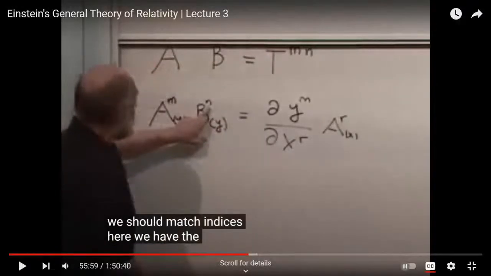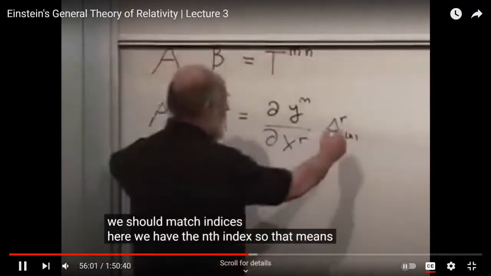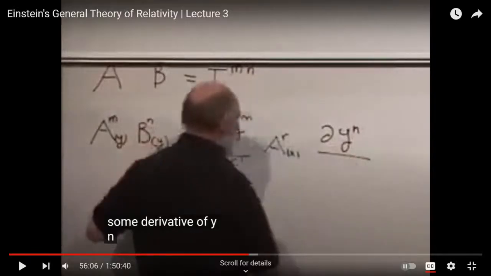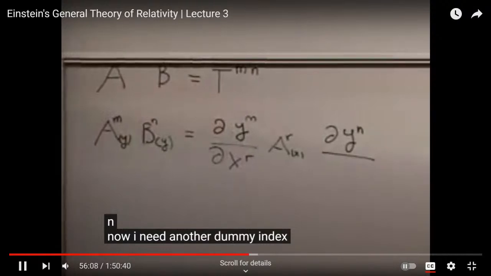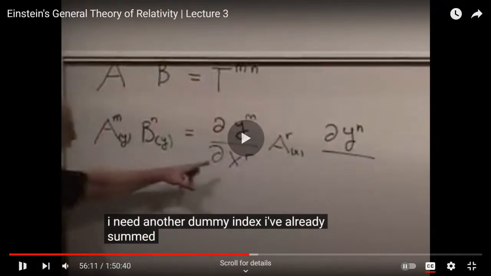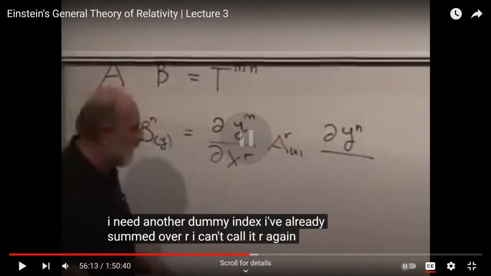Here we have Bn, which is partial dyn, the nth index, so that means some derivative of yn divided by partial dx. You could use r, I think he's allowed to use r. Now I need another dummy index. I've already summed over r, I can't call it r again.